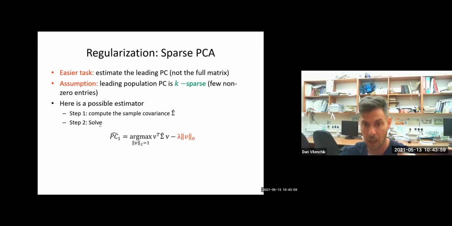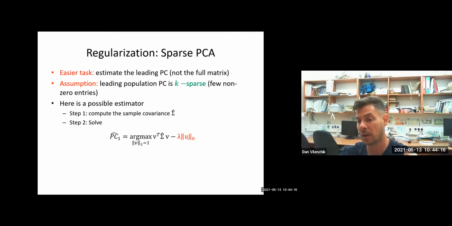Okay, so here is one popular estimator that people use for the leading PC. If we don't have this regularization part, this is just the leading eigenvector of sigma hat.